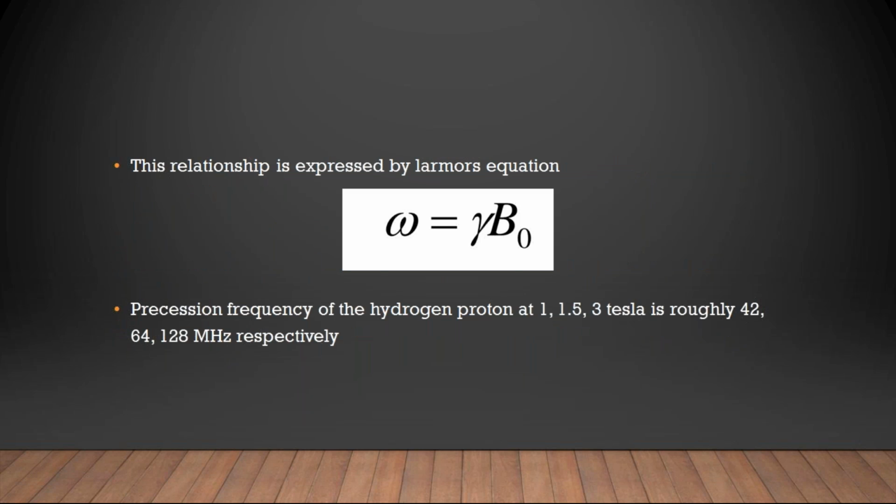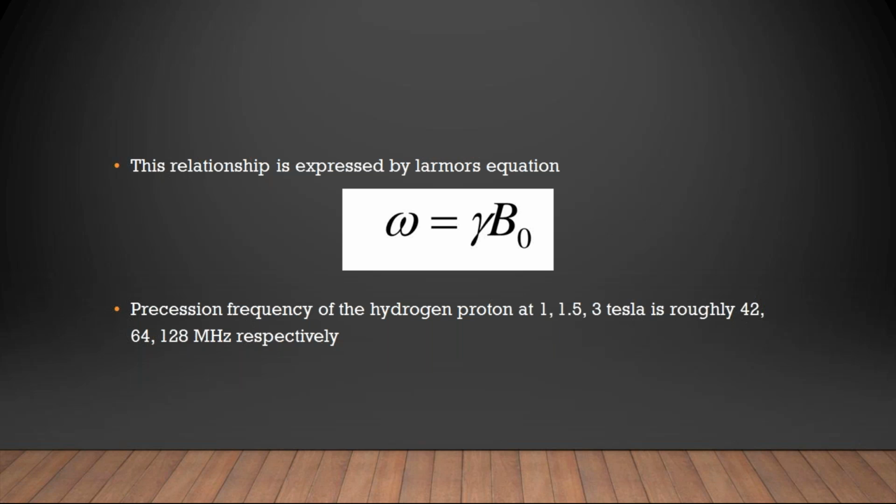The relationship with the external magnetic field is expressed by Larmor's equation, which is equal to gamma times B naught, where B naught is the external magnetic field and gamma is the gyromagnetic ratio.